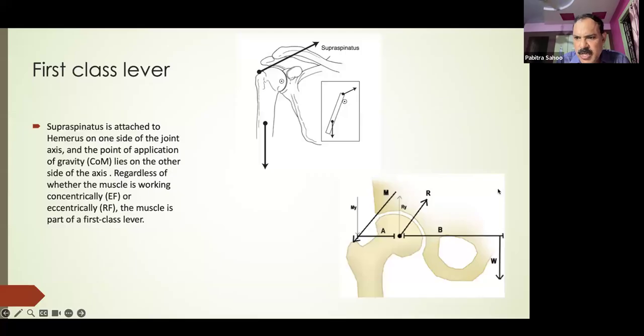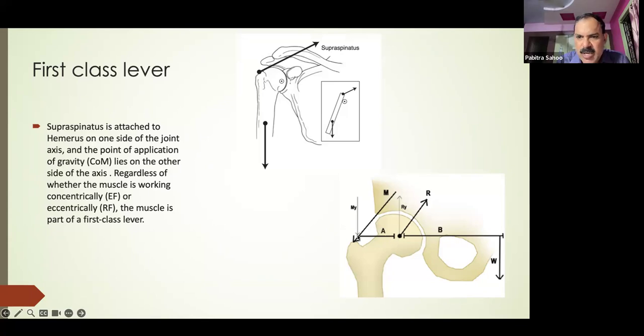This is along the S2 sacral vertebra where the body weight is falling, and the effort arm is the abductor force attaching from the iliac blade to the greater trochanter, and this is the direction of the force. If you look at this picture, this is the effort arm, this is the resistance arm.